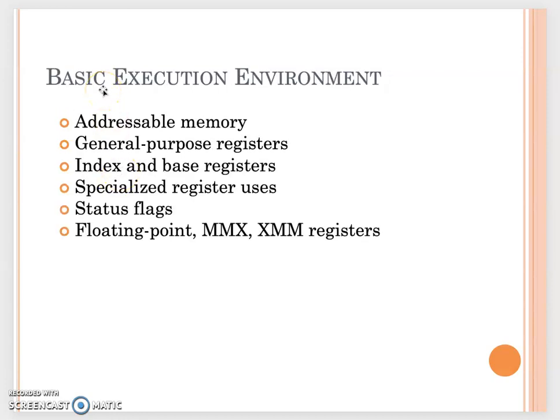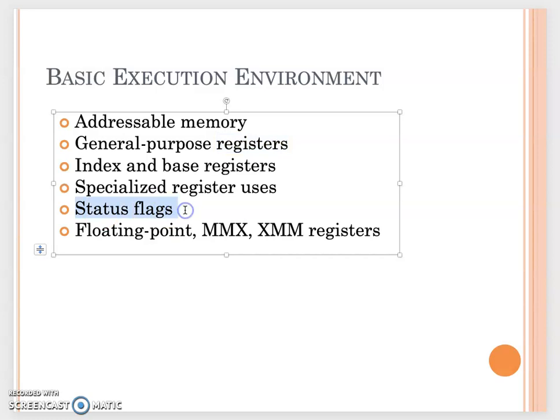The basic execution environment for IA-32 includes the general purpose registers. We will show you what they have in the 32-bit environment. We will also have the different status flags.